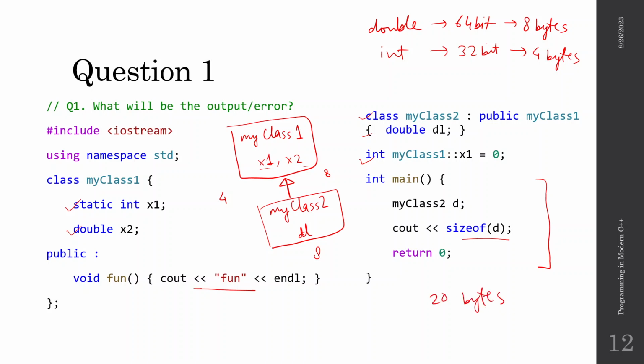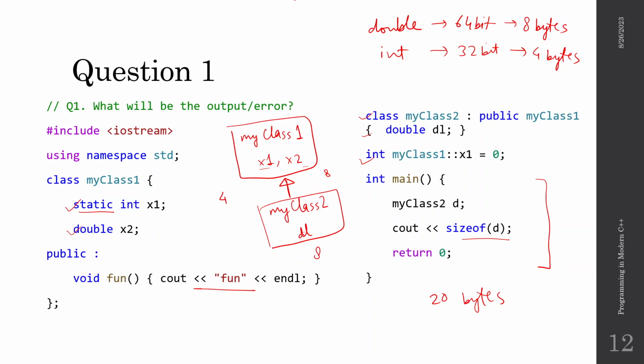But here there is a catch. The catch is that x1 is a static data member. So static data members are usually not counted in the object size. And why is this the case? Because as you know, static data members are shared between all of the objects of the class. So in a way, the static data member is a member of the class and not a member of the object.